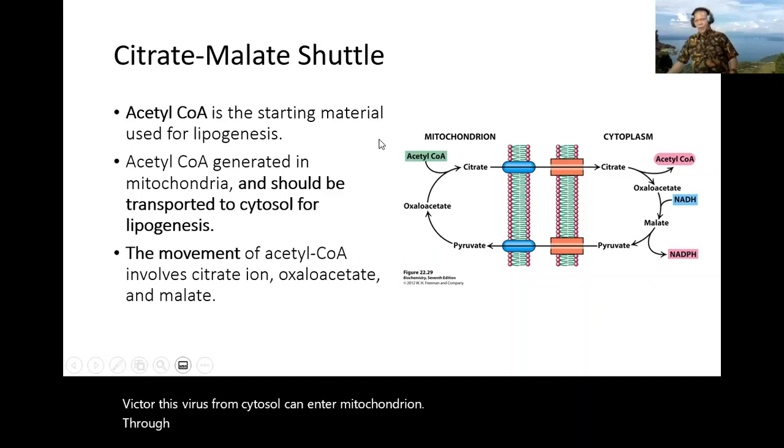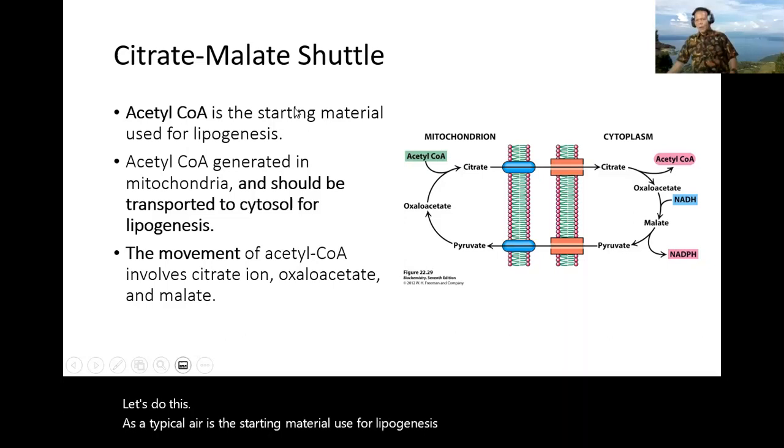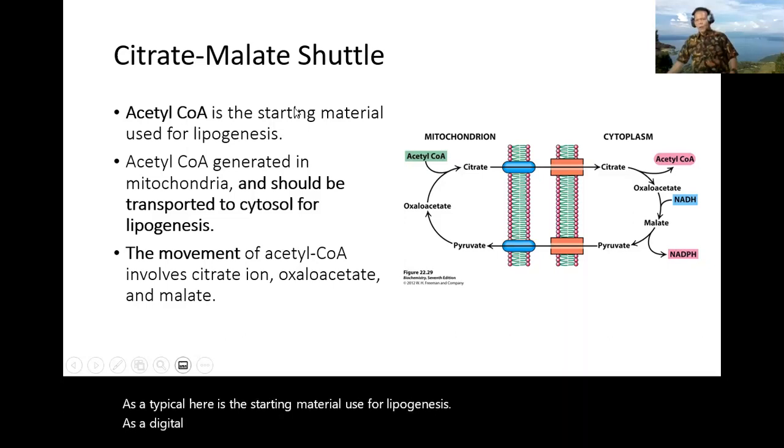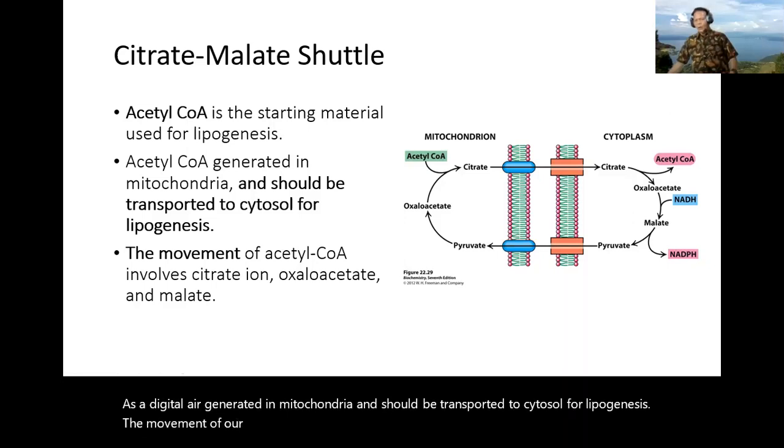Acetyl-CoA is the starting material used for lipogenesis. Acetyl-CoA generated in mitochondria should be transported to the cytosol for lipogenesis. The movement of acetyl-CoA involves citrate ion, oxaloacetate, and malate.